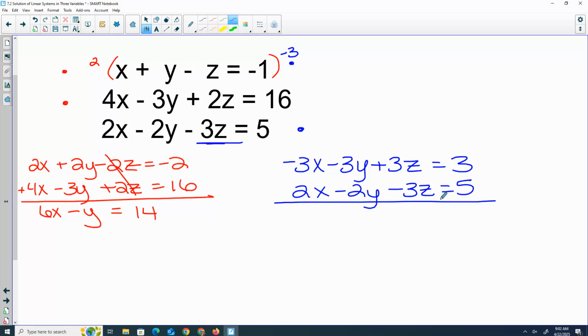So I had to use the equation that we hadn't used yet, along with one of the others, to eliminate the same variable. Now when I add these together, negative 3x and 2x is negative x. Negative 3y and negative 2y is negative 5y. Positive and negative 3z cancel. Equals 8.